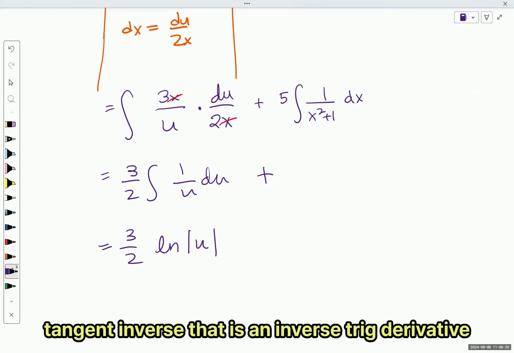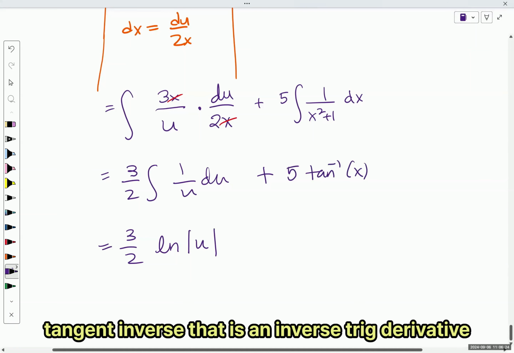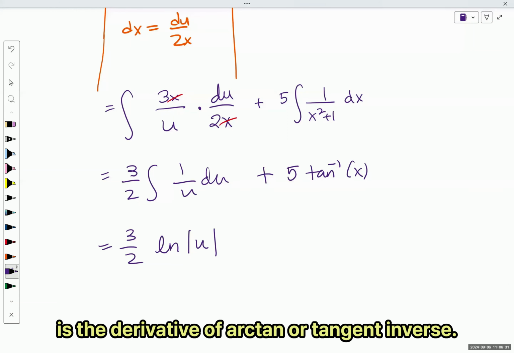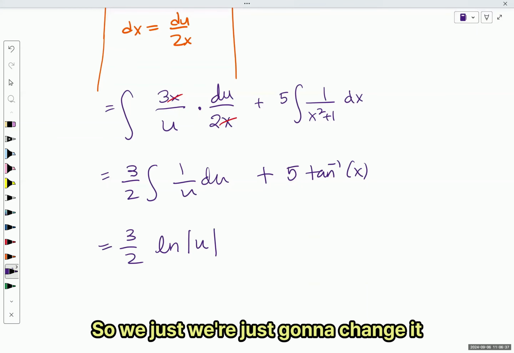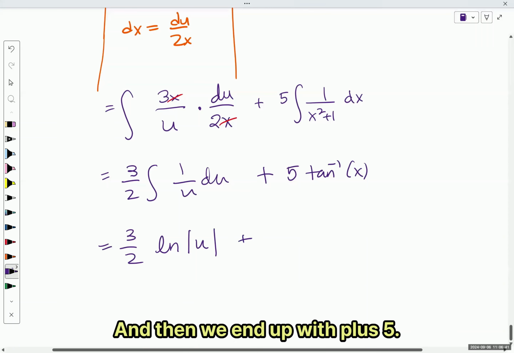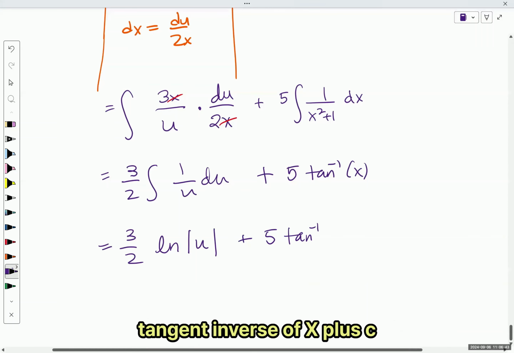Tangent inverse. That is an inverse trig derivative. 1 over x squared plus 1 is the derivative of arctan, or tangent inverse. So we're just going to change it to tangent inverse. And then we end up with plus 5 tangent inverse of x plus c.